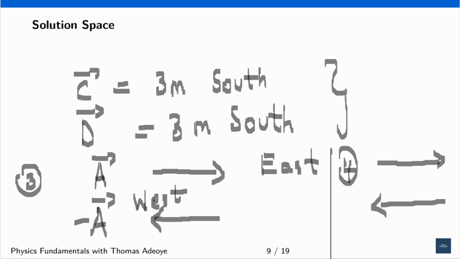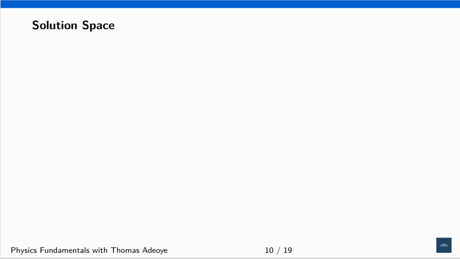So vector A and its negative, being oppositely directed, are anti-parallel. Is that taken? When vectors are facing opposite directions, we say they are anti-parallel.